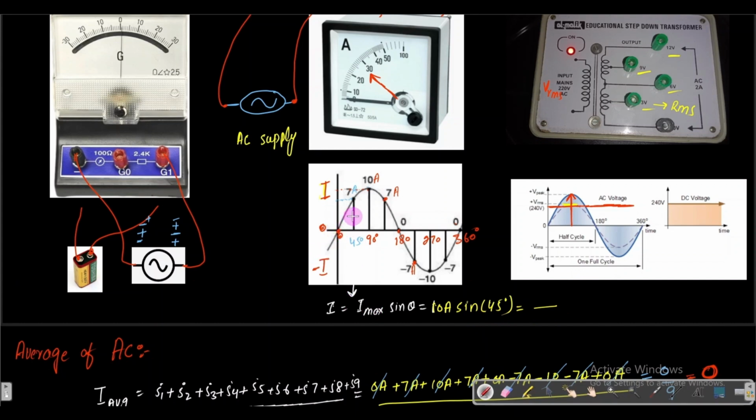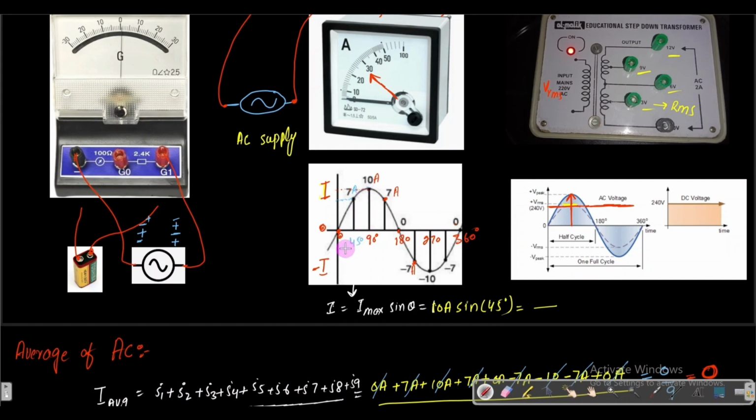So for each degree rise on the x-axis, you can find the instantaneous value if you know the maximum amplitude or the maximum current.